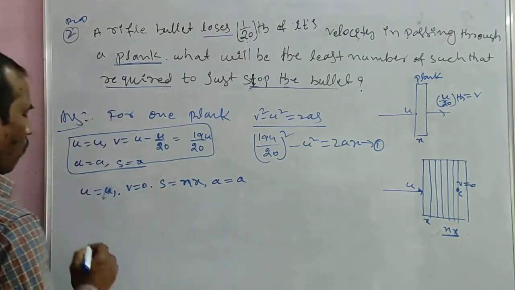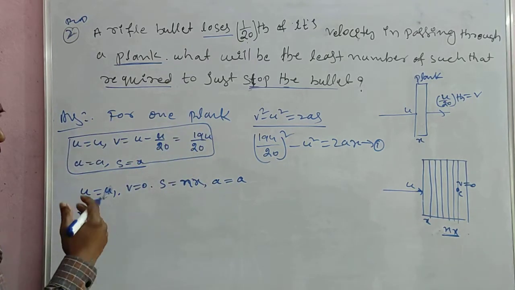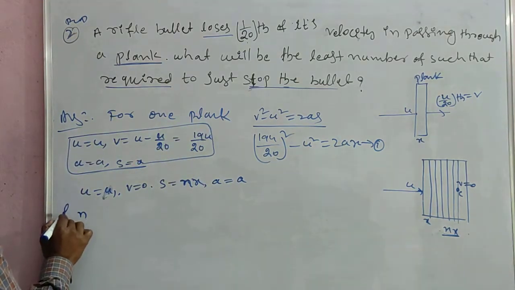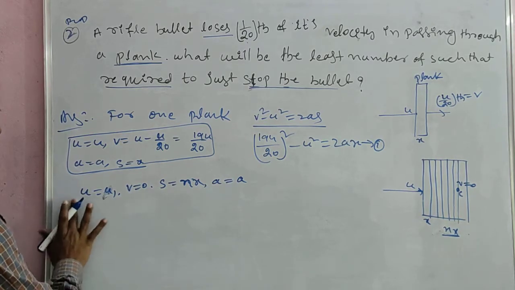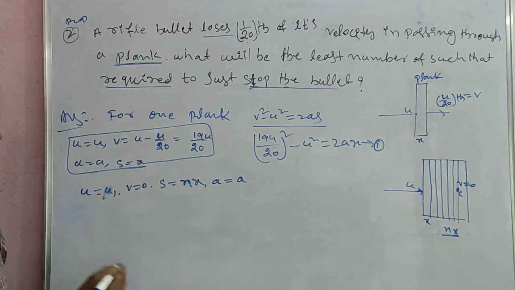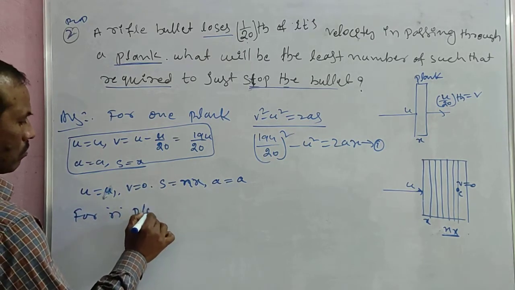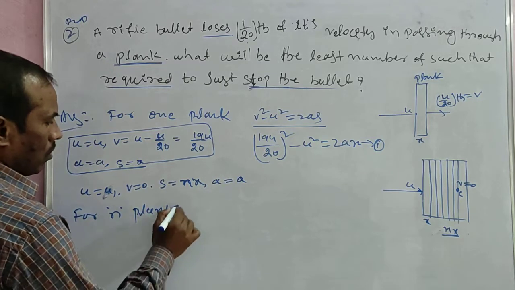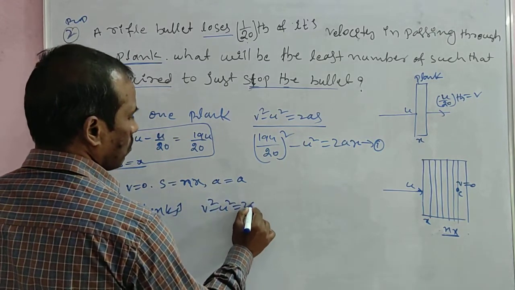This is the case for n planks, the earlier one was for one plank. Now for n planks, the formula v square minus u square is equal to 2as.